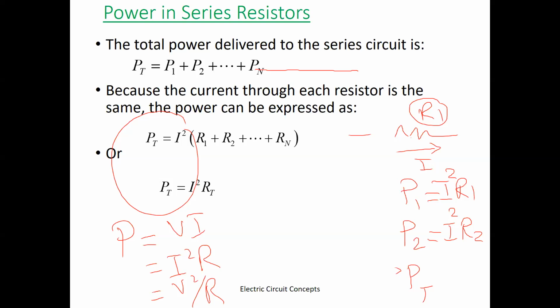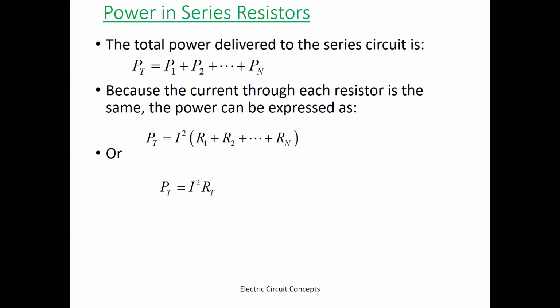So PT, the total power, has to be equal to P1 plus P2 plus P3 plus P4, depending on how many resistors we have. So let's say we have 3 resistors in series. So PT will be equal to P1 plus P2 plus P3.